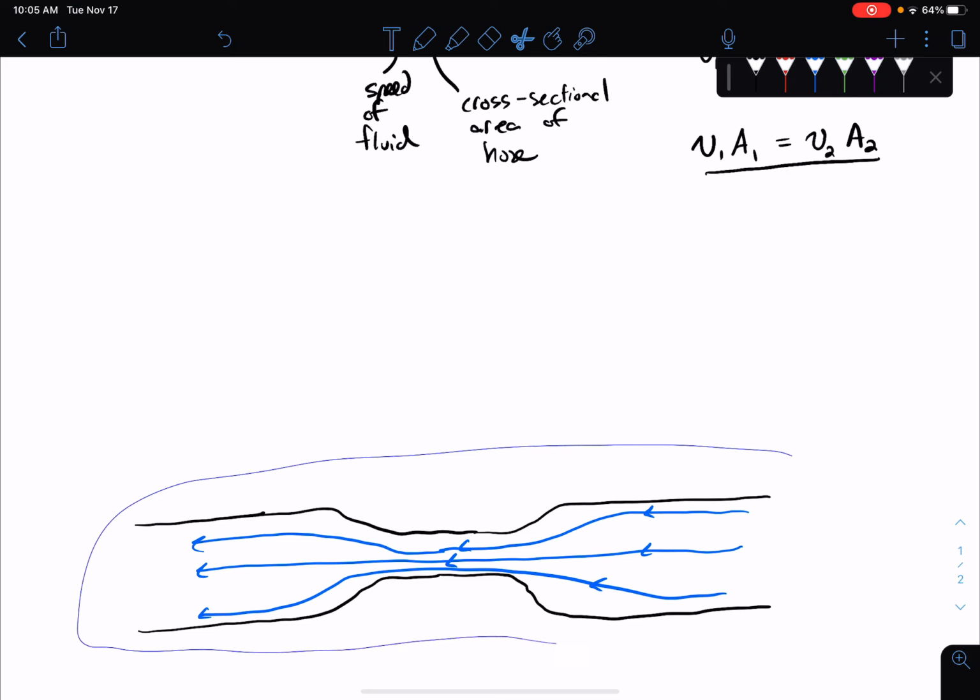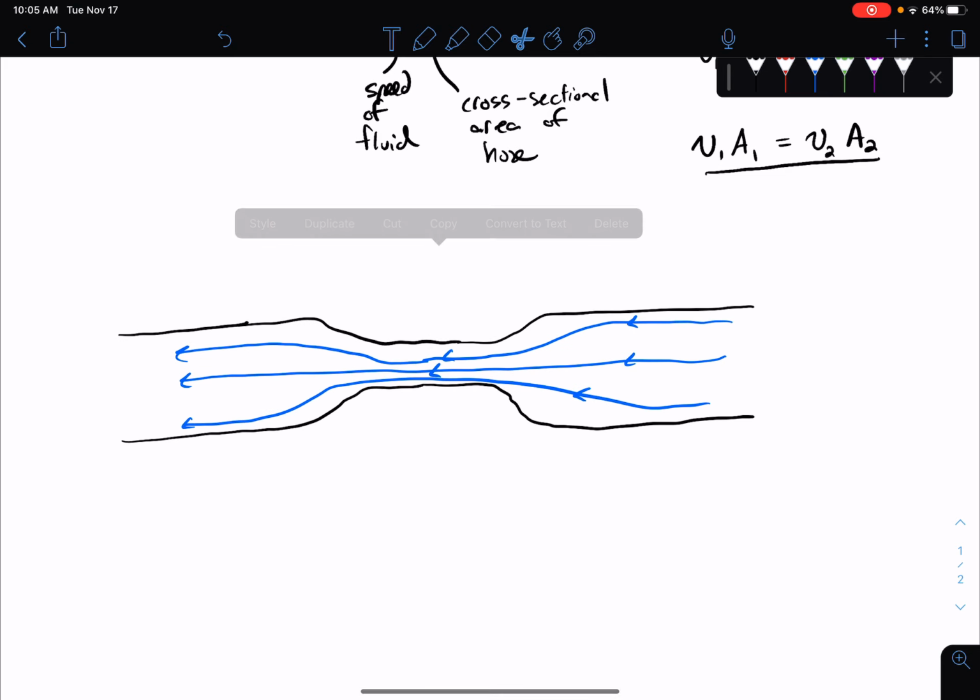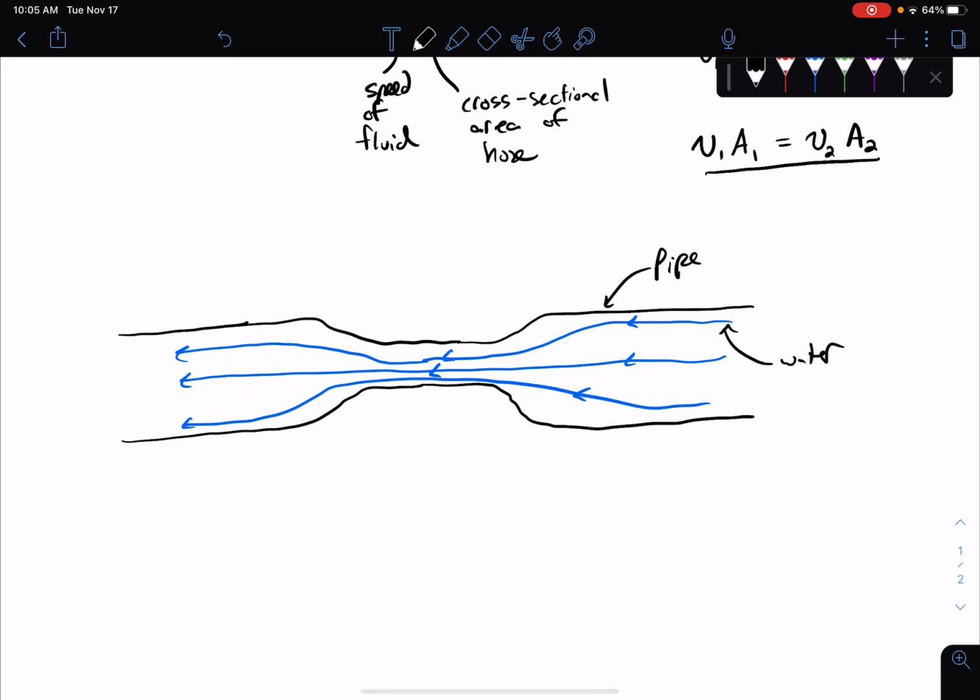So let's imagine we've got this funny-looking pipe like this. All right, so this is a pipe, and this is water flowing through. Let's imagine the pipe has a large diameter, and then there's a constriction in the pipe, and then a larger diameter again.